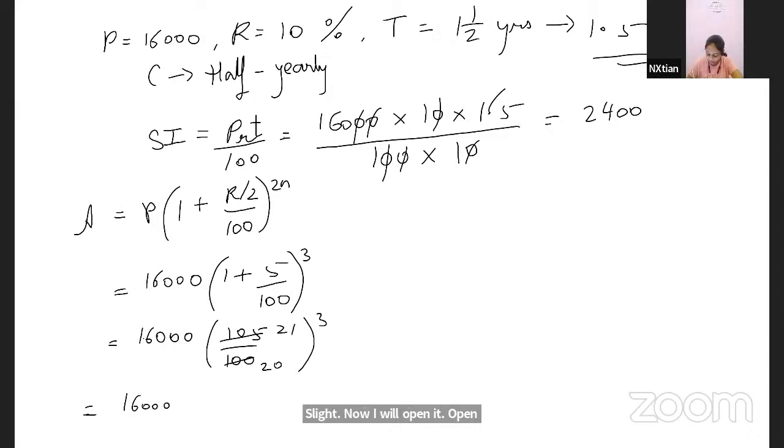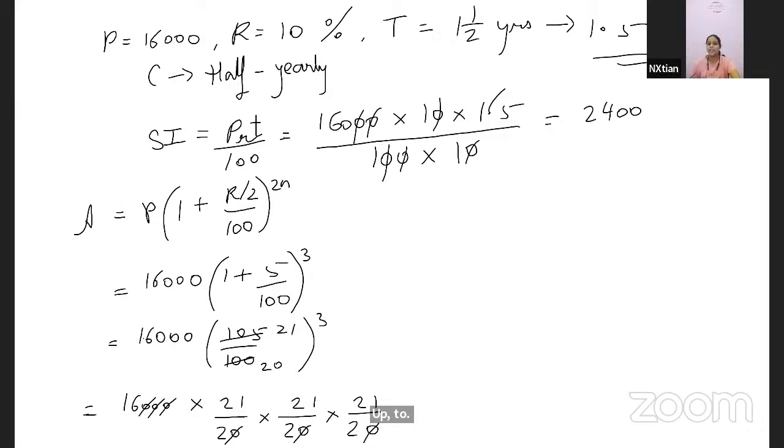Ma'am, the answer is 2 into 21 raised to the power 3. Yes, because if you cancel all the zeros and then cancel 16 by the 2's, it's 2 into 21 raised to the power 3.